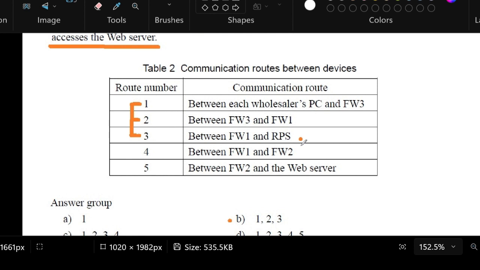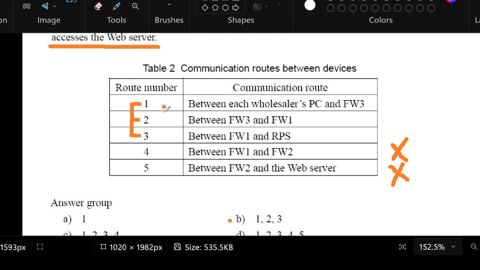which is why FW1 and FW2 is not included in the routes that we'll put to say that they have the HTTPS protection. And also route number 5, FW and the web server, because FW1 has already gone to the RPS, which converted the HTTPS to HTTP.